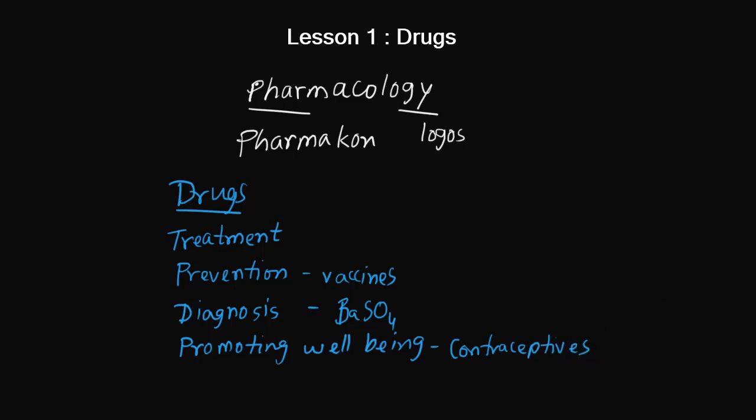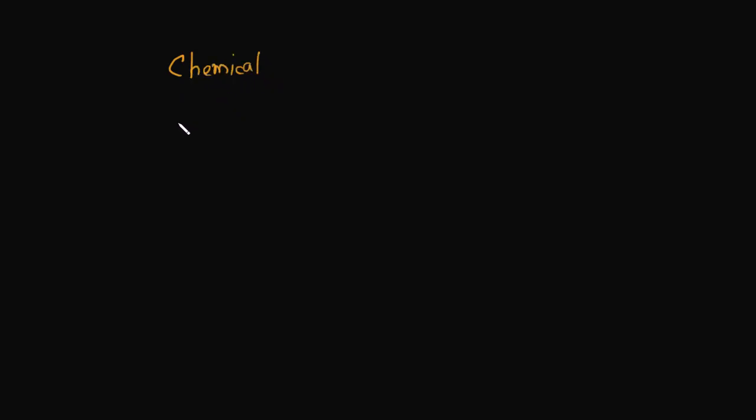So now, since we have talked about the drugs, let's talk about the different kinds of drug names we have. For one drug we may have three types of names: it could be a chemical name, a generic name, or a brand name.